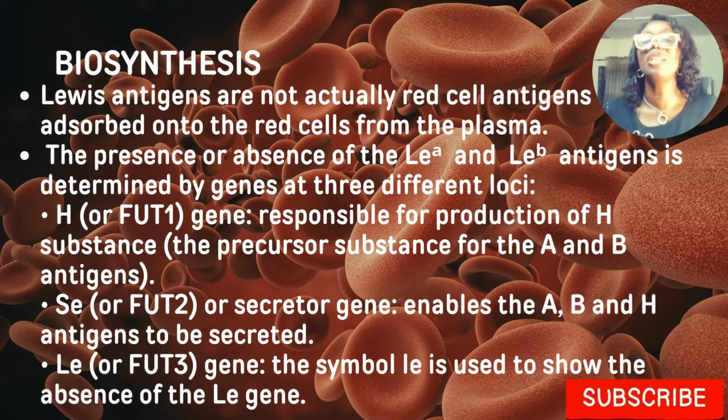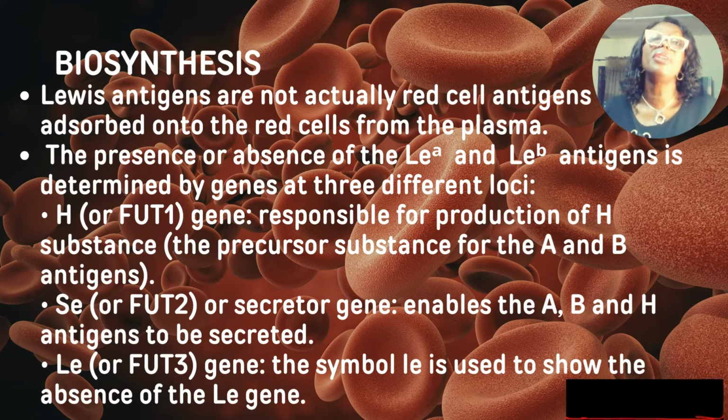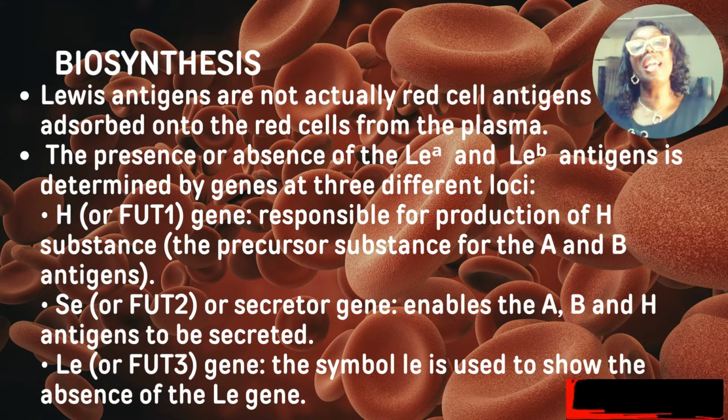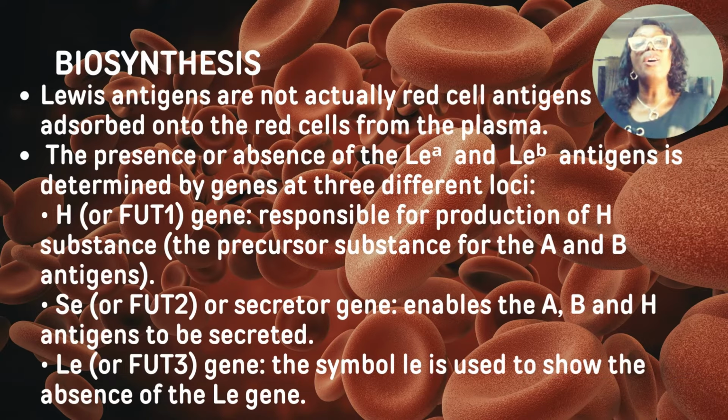For you to successfully produce either Lewis A or Lewis B antigen, you should have the H gene, that is the FUT1 gene, the gene responsible for the production of H substance on the surface of the red blood cell and on the surface of other organs.